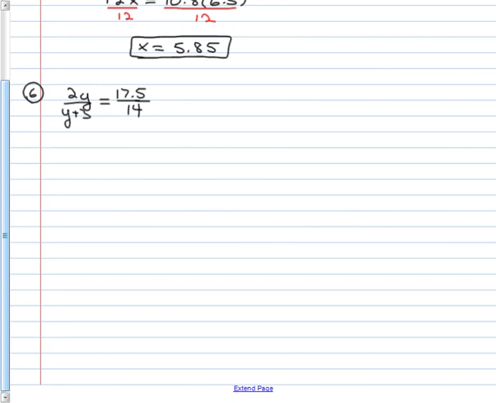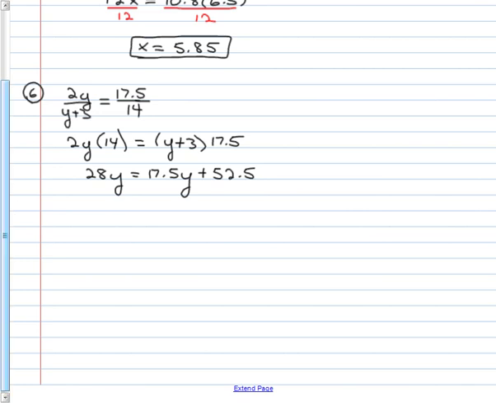Cross products once again. 2y times that 14 must equal the y plus 3. Put it in parentheses because it's the complete expression, y plus 3, that we're multiplying by 17.5. Okay, so multiplying these together, 2 times 14, that's 28y, equals, need to distribute the 17.5, 17.5y plus, take that 17.5 times 3, should get 52.5.